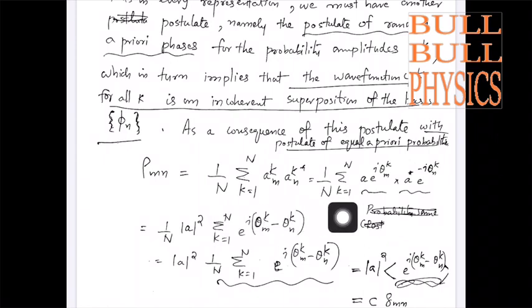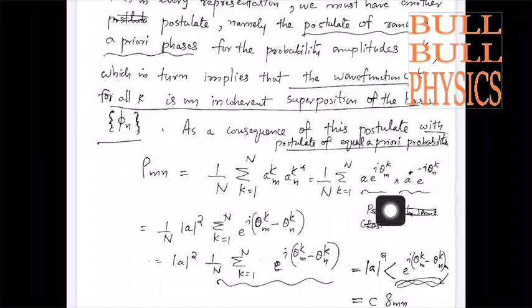That is equal to 1 by n, summation over k equal to 1 to n, and a_km is now written as a times exponential i theta km, and this is the phase factor corresponding to the kth system in the mth state. As we take the conjugate, we will have e to the power minus i theta kn, which is the phase factor here.